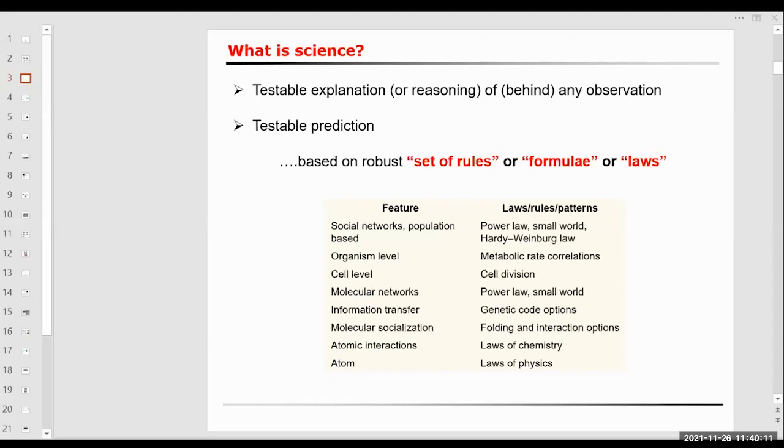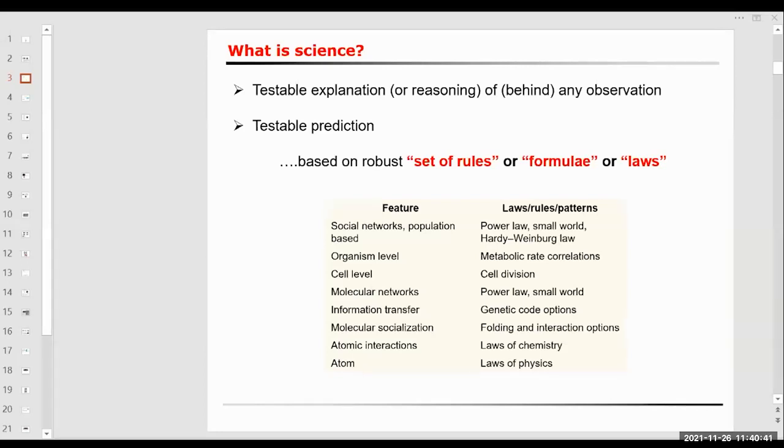And of course, both the explanations or the reasons and the predictions are based on a robust set of rules and formulae. We are aware that we have physical laws of physics, for example, Newton's laws of gravitation, and so on; laws of chemistry, atomic and molecular interactions, compound formation, for example, Hume-Rothery rules, diffusion, and so on.